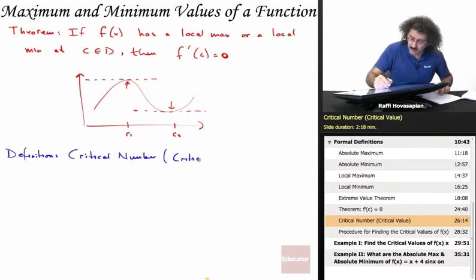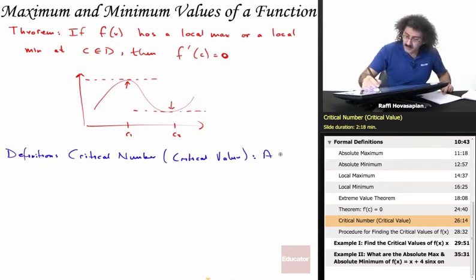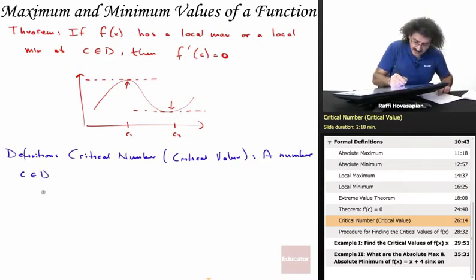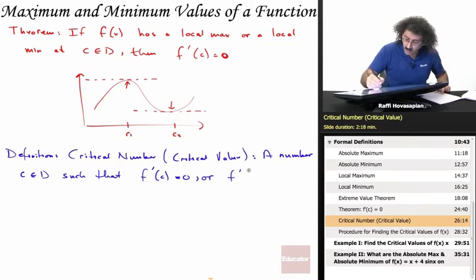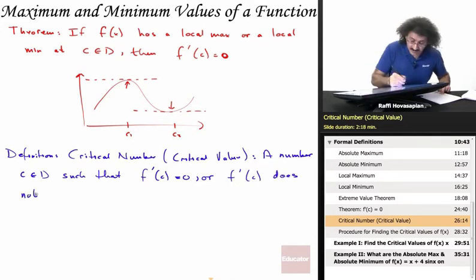A number C that is in the domain such that f prime at C equals 0, or f prime at C does not exist.